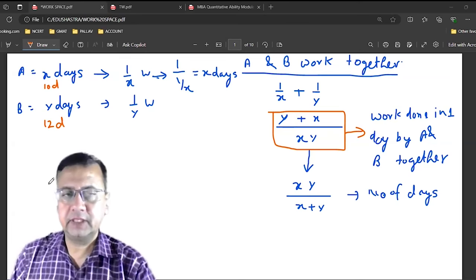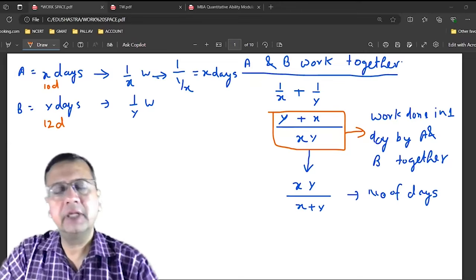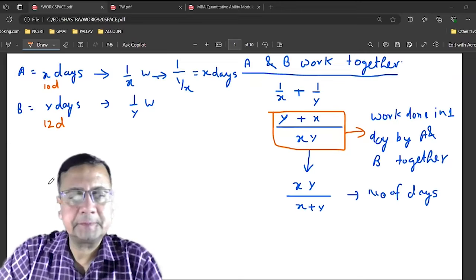A is finishing the work in 10 days and B is finishing the work in 12 days. So in how many days can they finish the work?